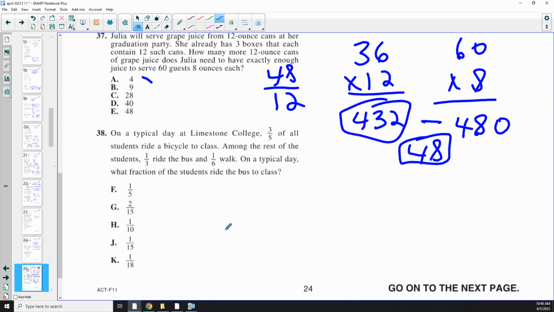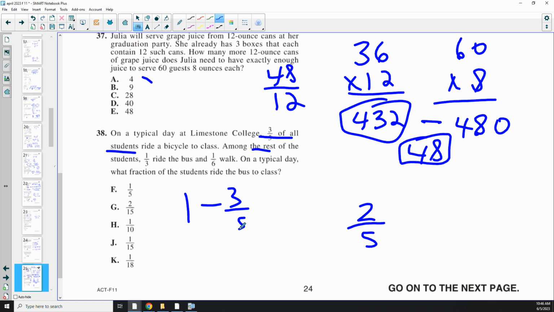This has to do with subtraction. If 3/5 of all the students ride the bike, the rest is 2/5 of the students, because it's 1 minus 3/5.